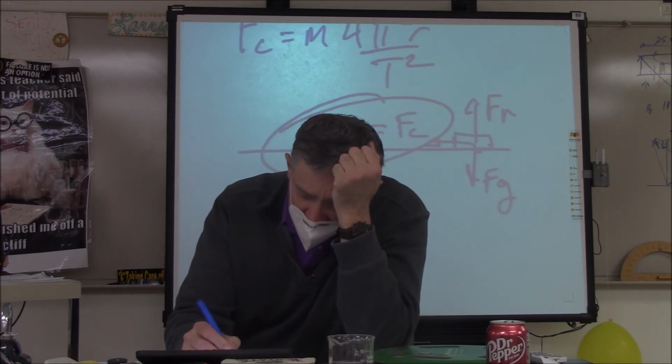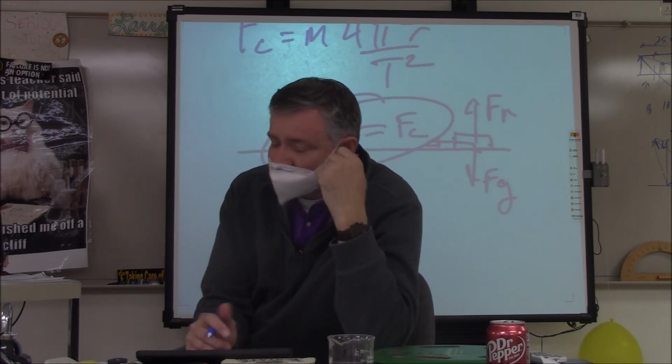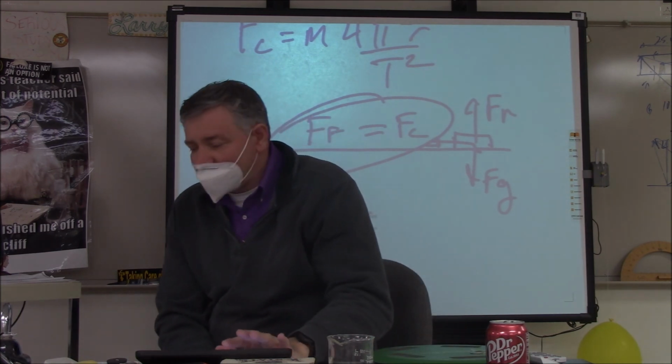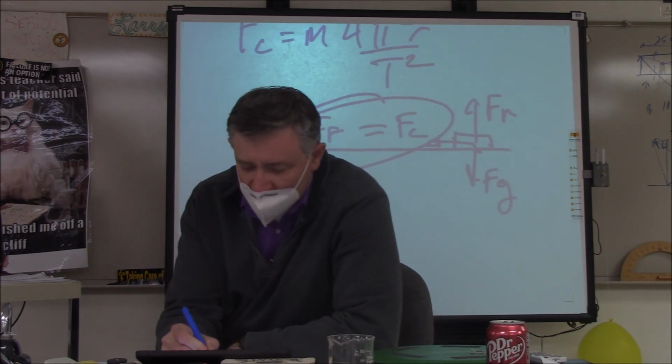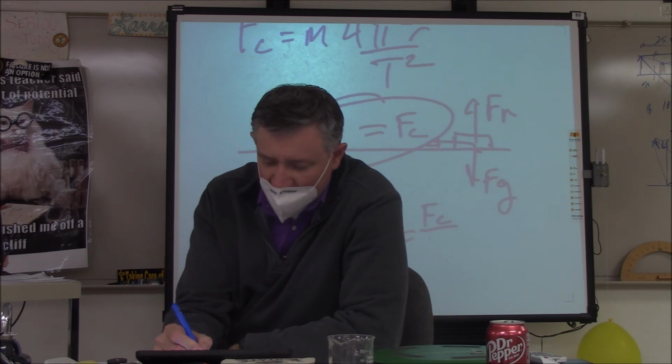So if you look at mu equaling force friction over force normal, this is where the magic is going to happen. On that green spinny thing, the frictional force is what's creating the centripetal force, so I'm going to put that as Fc over Fn.